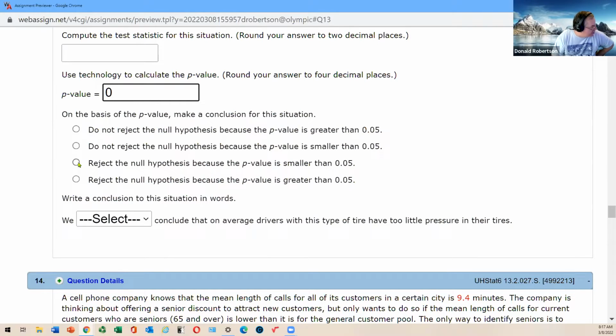You reject the null hypothesis is another way of saying the same thing. Rejecting the null hypothesis is the same thing as accepting the alternate. And we can conclude then, that on average, drivers have too little pressure in their tires. Any problems with that?